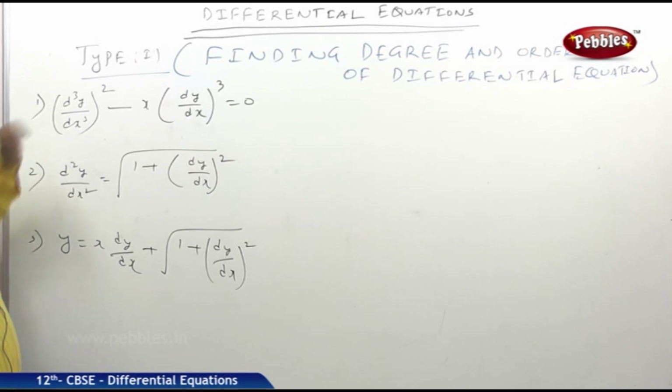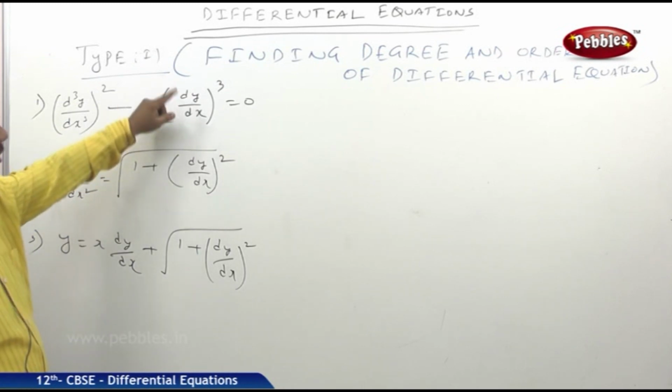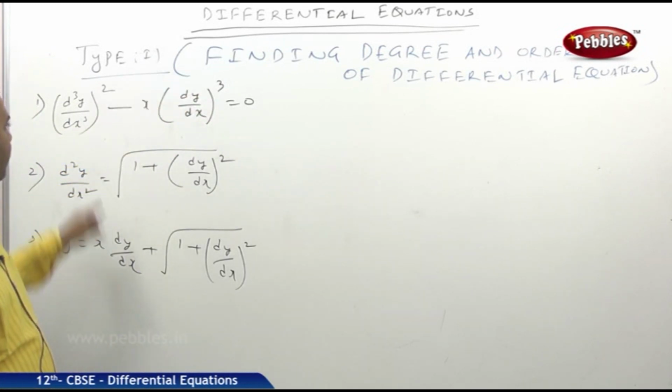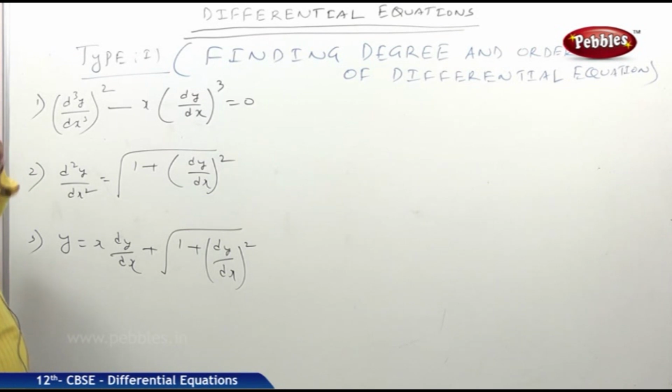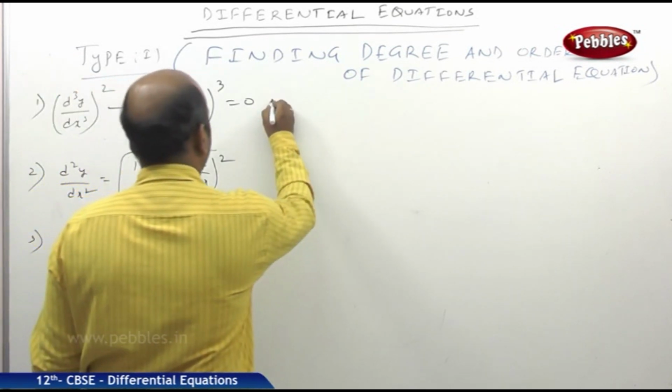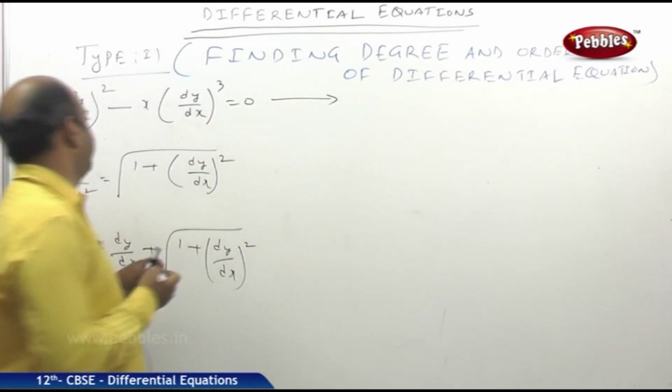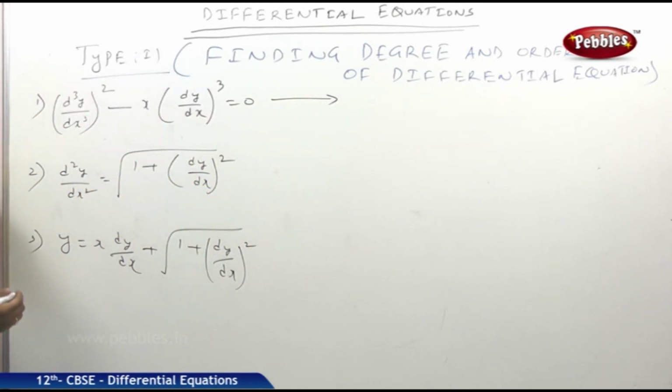If you look at the first problem, d cube y by dx cube whole square minus x into dy by dx whole cube. What is the order of this particular differential equation? If you observe carefully, what is the highest order involved? dy by dx is there, d square y by dx square is not there, but d cube y by dx cube is there.